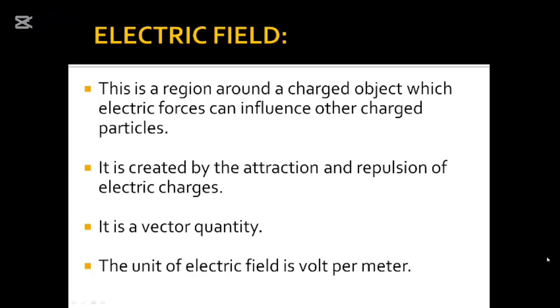Electric field. The first thing anybody will ask is, what is this electric field? It's simply a region around a charged object in which electric forces can influence other charged particles.